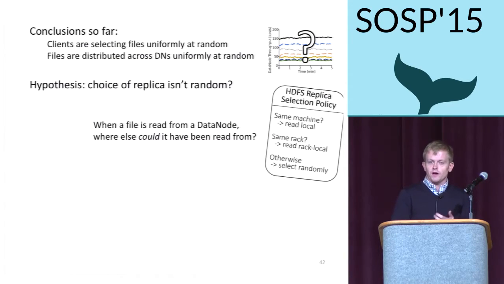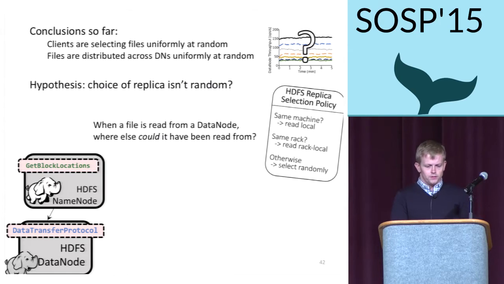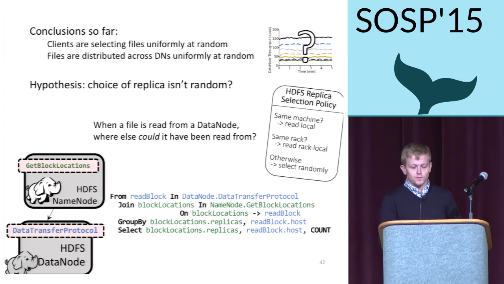To answer this, we'll write a query that relates the initial name node invocation of getBlockLocations with the subsequent invocation of the data transfer protocol on the replica that the client ends up choosing and reading from. So this query performs a happened-before join between the two trace points, then counts how often each pair occurs of candidate replica and actual replica.